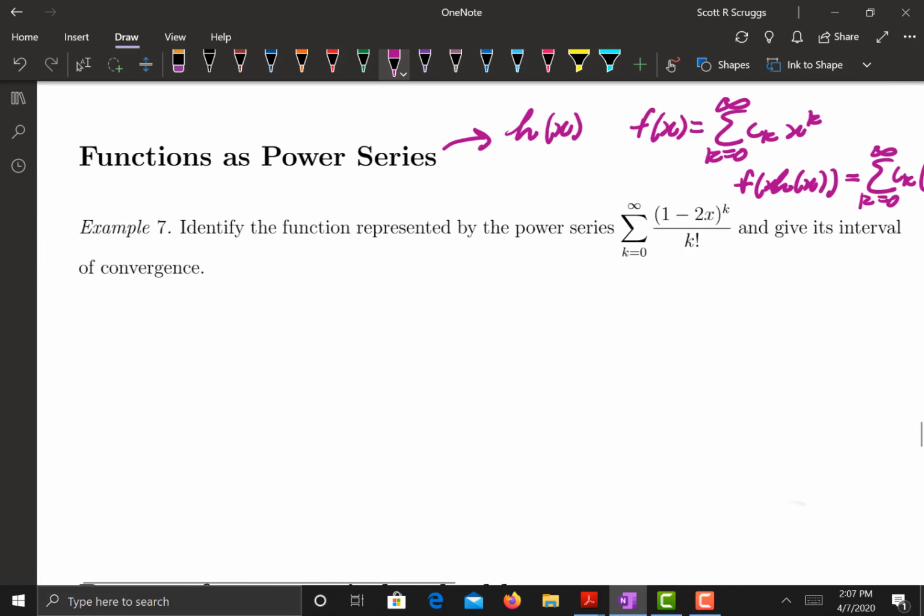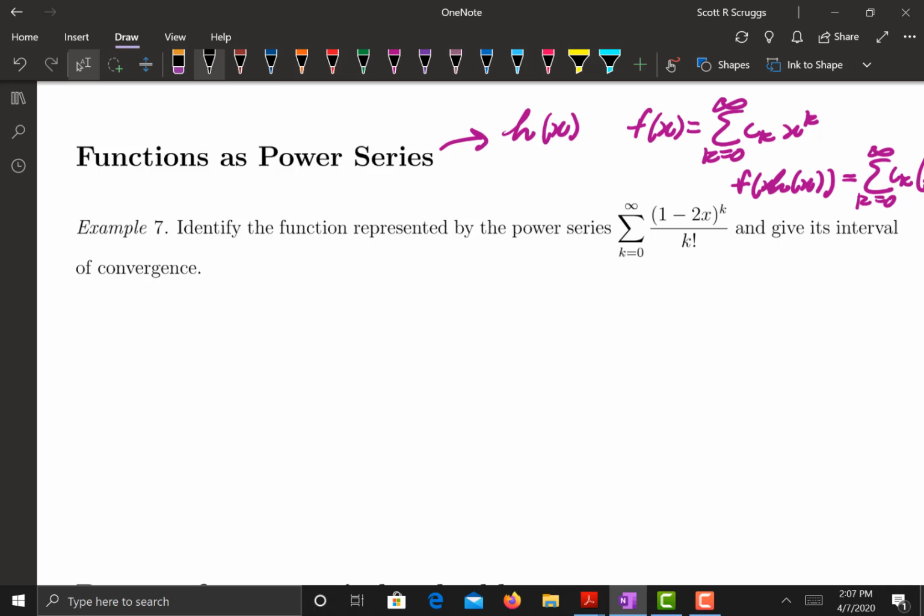And I only gave where h is continuous, but as long as the function is continuous, we can still work with this.